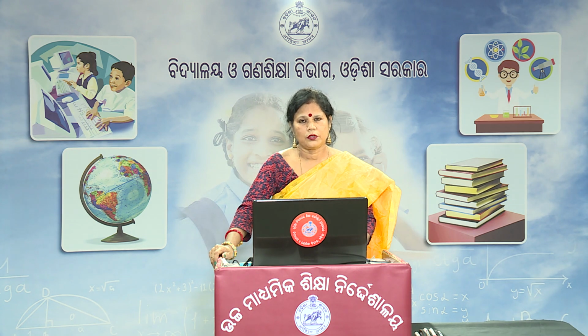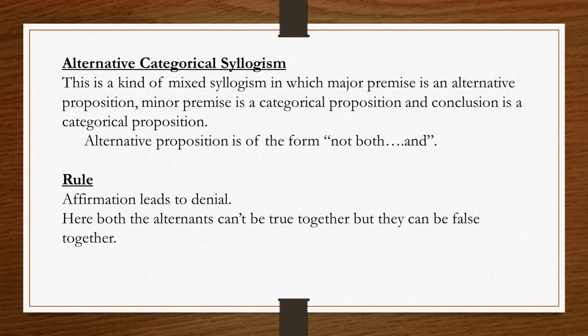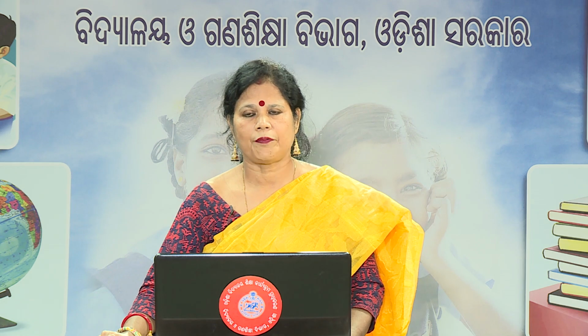And you know, I have already told you, here both the alternatives cannot be true together. If one is true, other must be false. Both may be false together. So, rule is affirmation leads to denial.